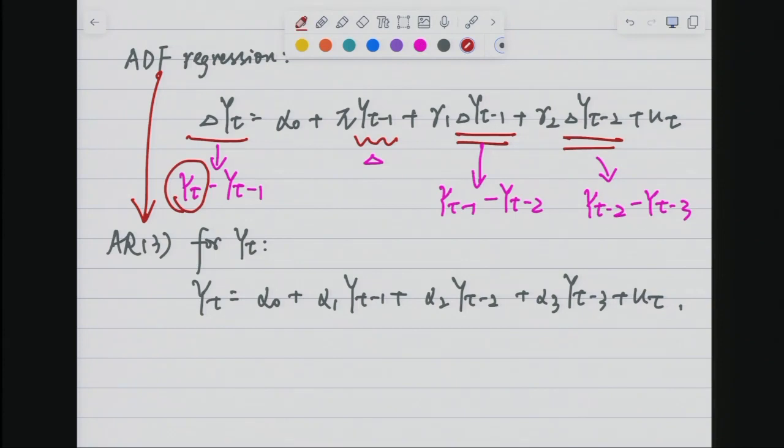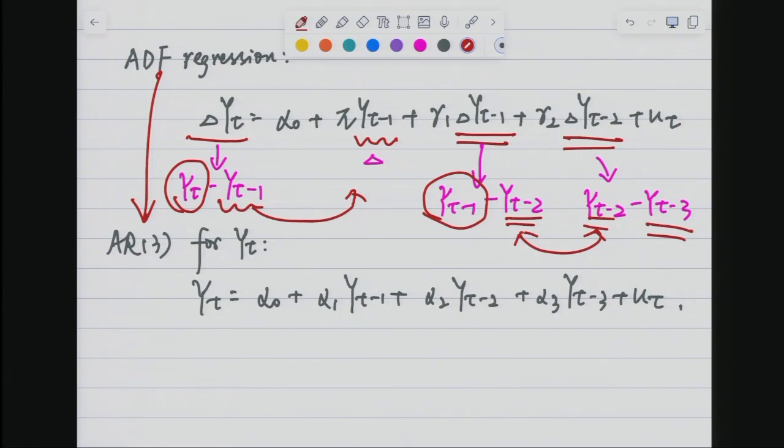Essentially, the ADF regression is a function of yt. Imagine if you take yt minus 1 on the left-hand side to the right-hand side of the equation, rearranging the terms. On the right-hand side you have yt minus 1, yt minus 2, and also yt minus 3.